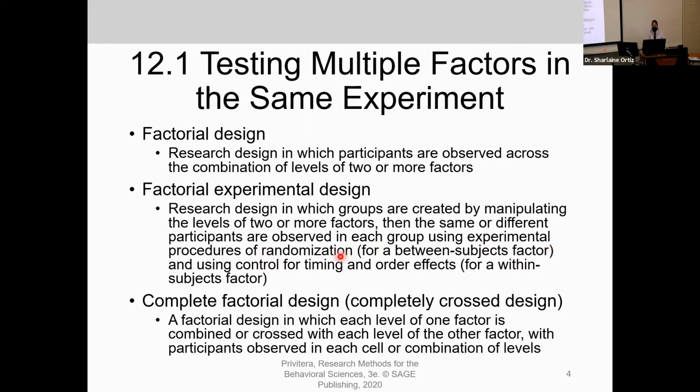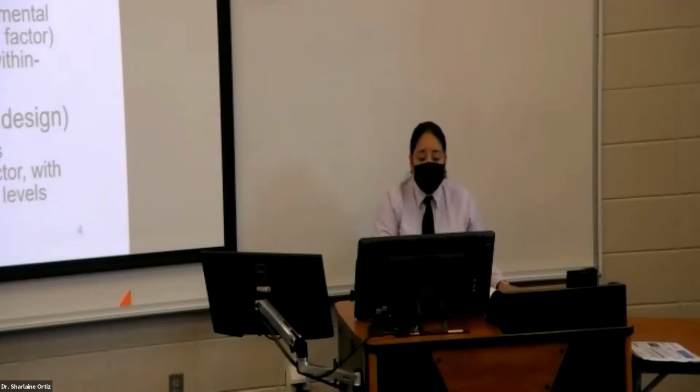But not only are we going to control for randomization, we're also going to control for other aspects of internal validity and external validity threats. But in this specific case, let's focus on internal validity. So in controlling timing and order effects, we are also making use of the within subjects factor. So any questions about the factorial experimental design or its components and characteristics?